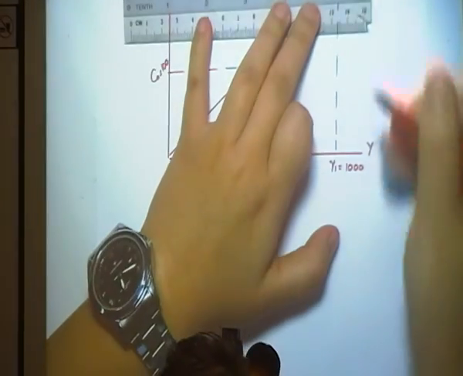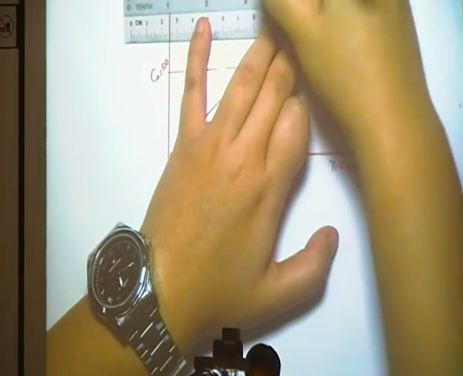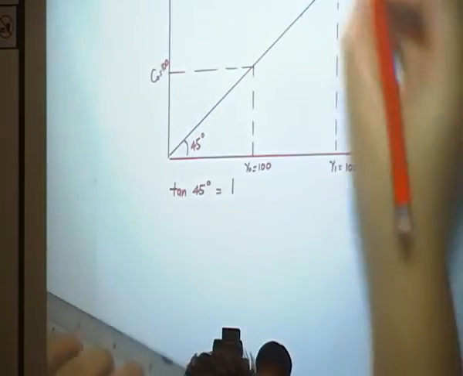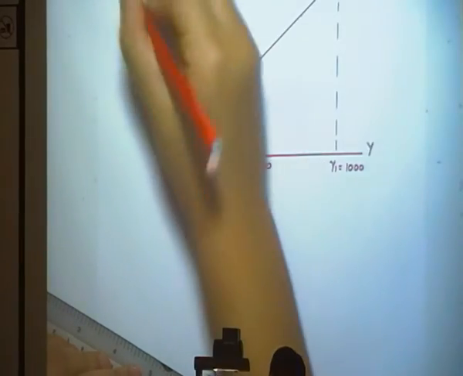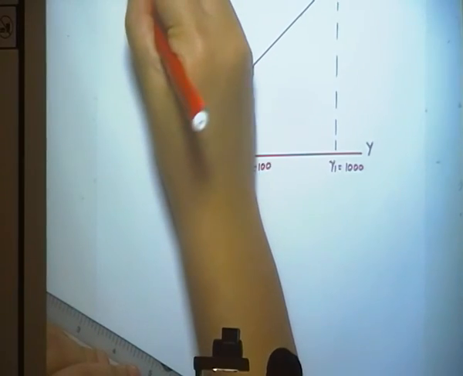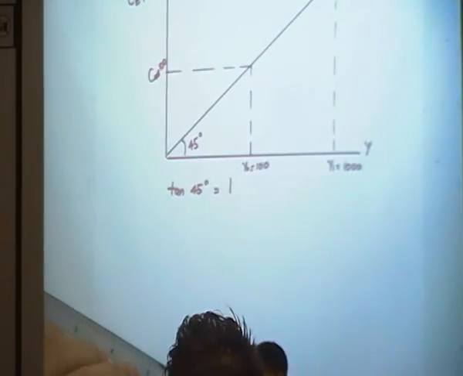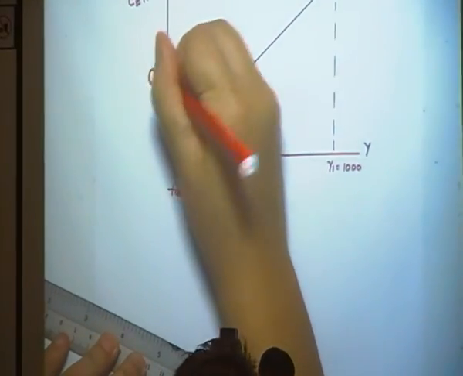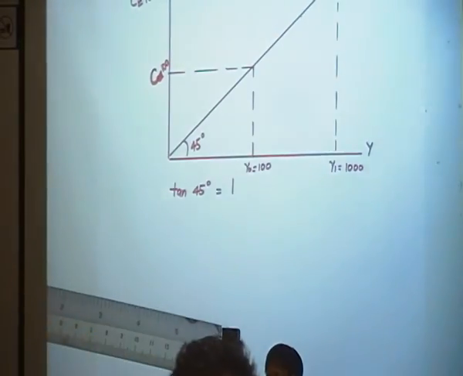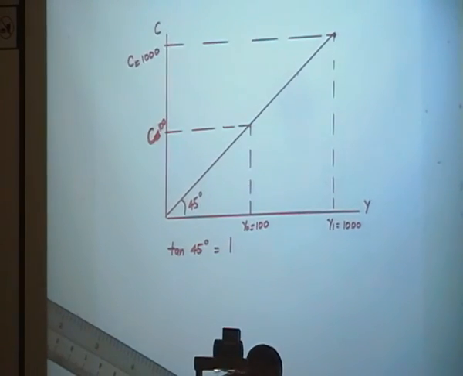So what is the consumption here? 1,000 then. This is just C, right? That is the purpose of the 45 degrees line.